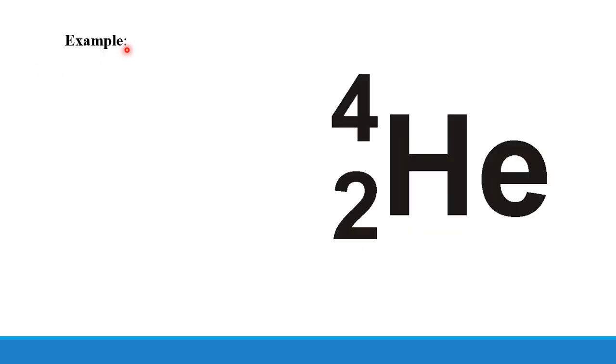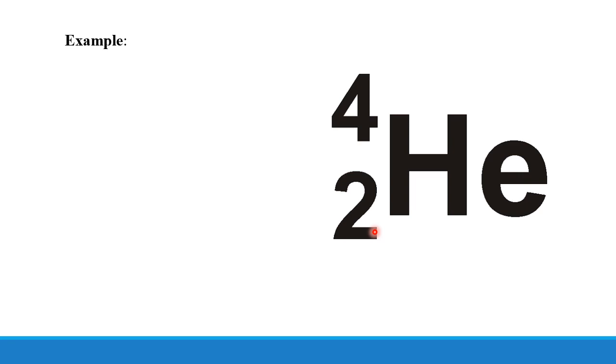This example shows the nuclide of helium atom. Its symbol is capital H, small e. Its mass number is A equal 4 without unit. Its atomic number is equal to 2, equal Z, equal number of protons equal number of electrons.